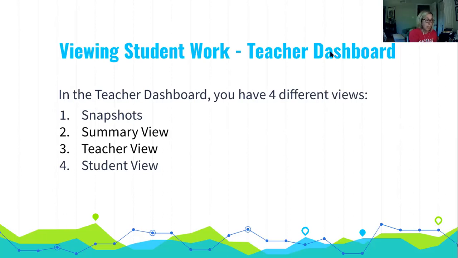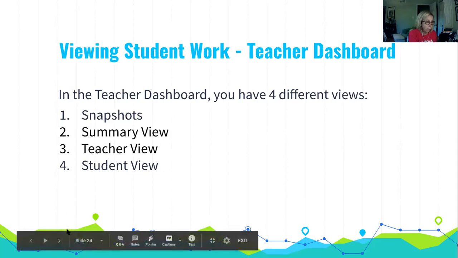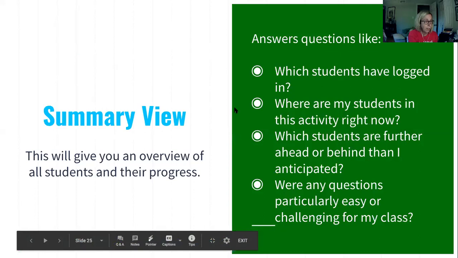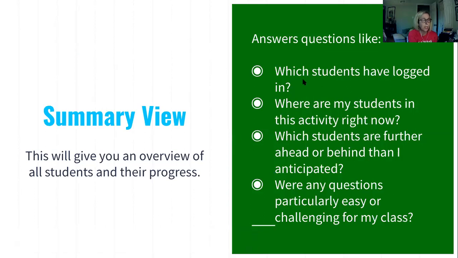It's amazing. So you have 4 views. You have the snapshot view, the summary view, the teacher view, and the student view in there. I'll let you go through this later, but the summary view basically would answer questions for you, like what students have logged in, where are they right now, synchronous or asynchronous, what students are further ahead or behind than you anticipated.